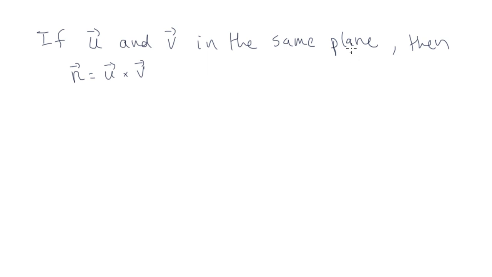So if I want a normal vector for my plane to write down the equation, it's typical to use the cross product of two vectors that are in the plane. So this is orthogonal to the plane. And when I say orthogonal to the plane, I mean orthogonal to every vector in the plane. Okay, so then I just need a point. I can write down the equation of my plane.